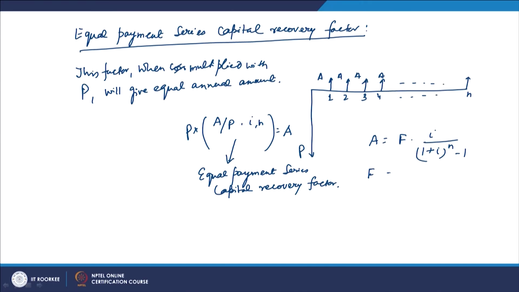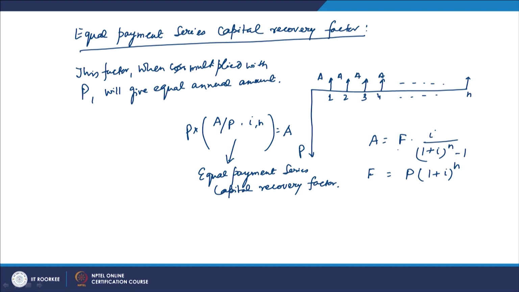We are going to use that expression only. From this, we further know that F is equal to P into (1 plus i)^n, which is the compound amount factor, (1 plus i) raised to the power n.